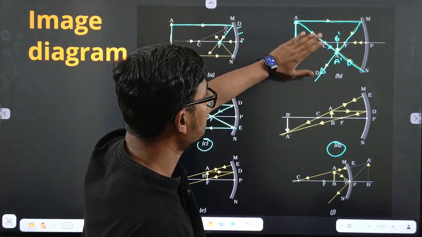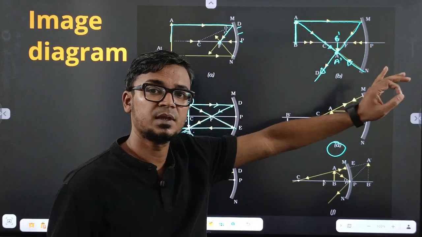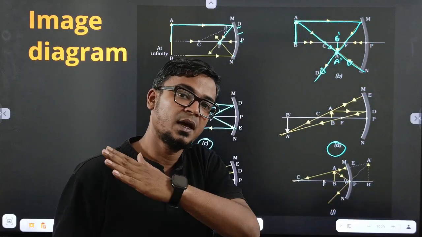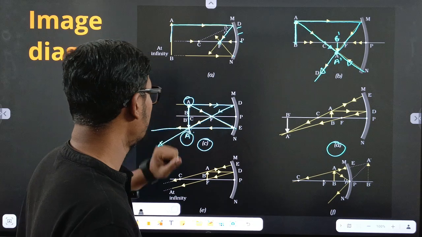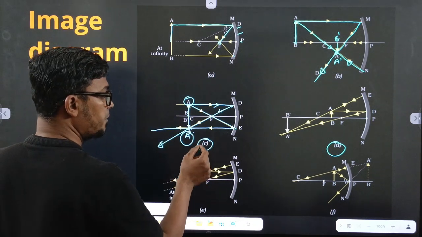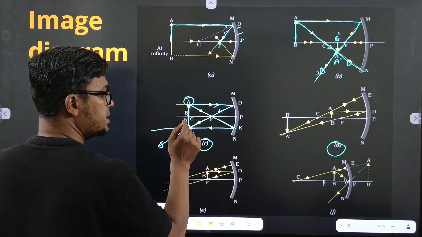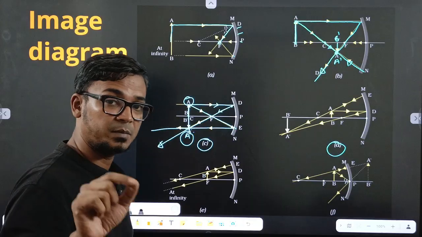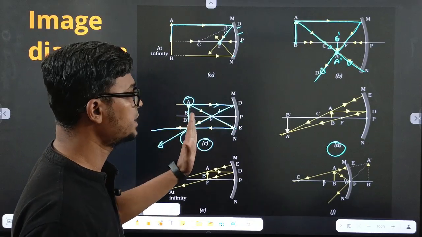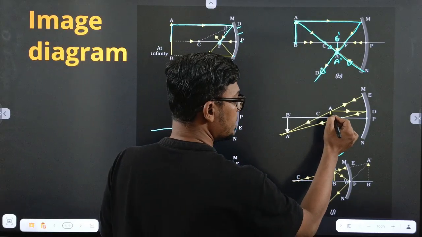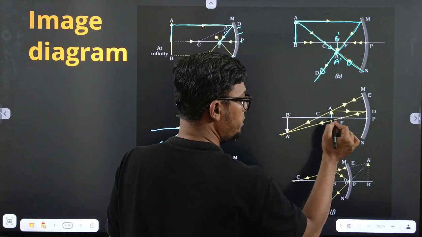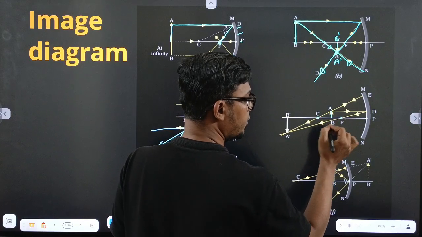In the second picture, the object was between the center of the curvature and infinite distance. In the third picture, the object is on the center of the curvature. Now the fourth picture is the object between the center of the curvature and focal point.